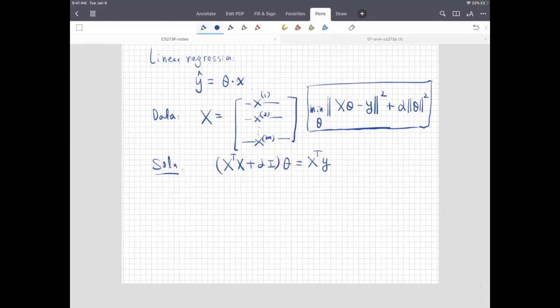And that is the normal equation. You remember that we can use it to identify the optimal parameters theta. That's what you learned previously.